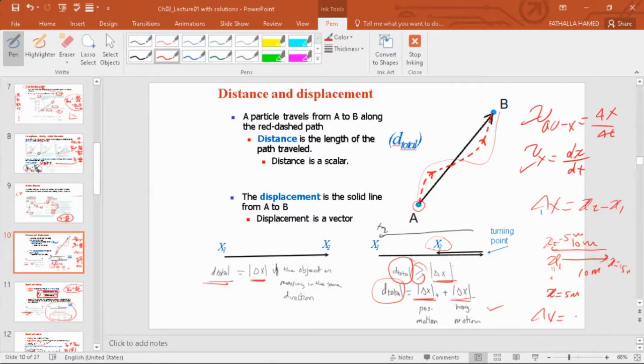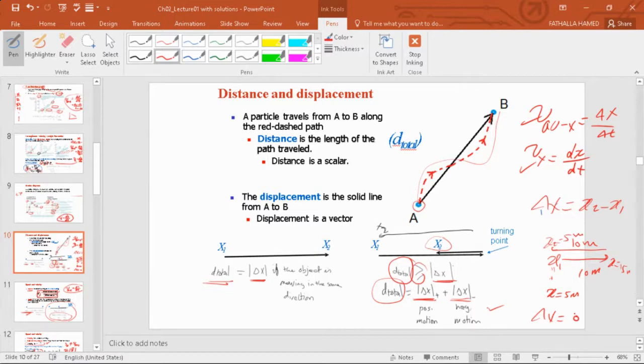So your displacement here will equal 0, because it is 5 minus 5, which is equal to 0. Some may say, well, my displacement is 0 because I am ending up at the same location, but I moved.